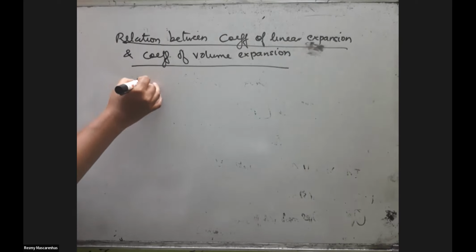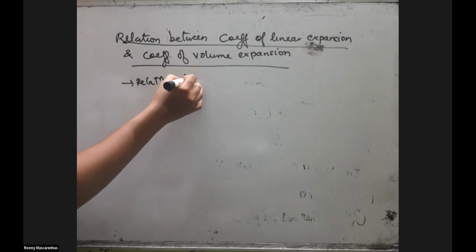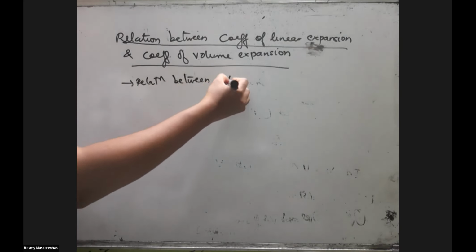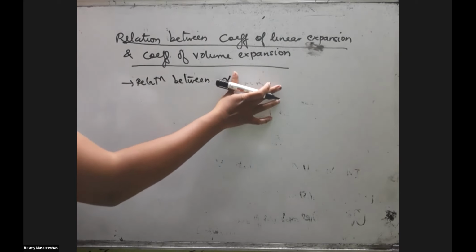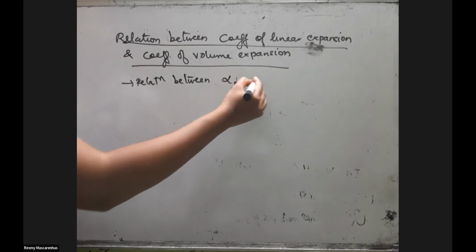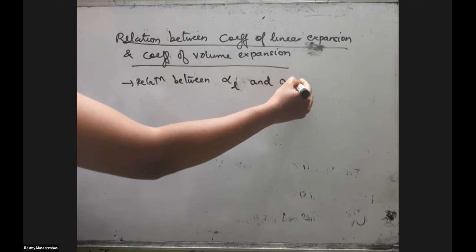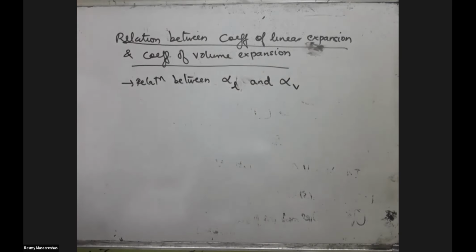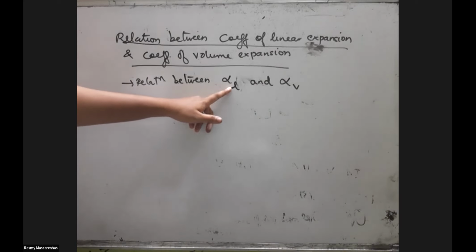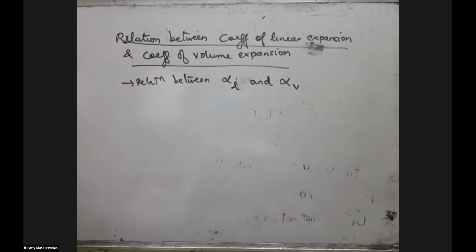In shortcut, what is the relation between alpha L and alpha V? Alpha L is the coefficient of linear expansion and alpha V is the coefficient of volume expansion. We have to find a relation between them.